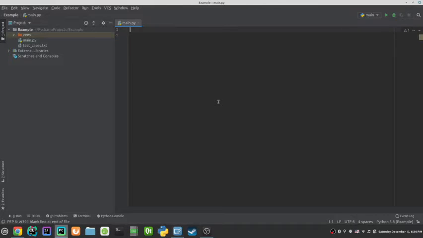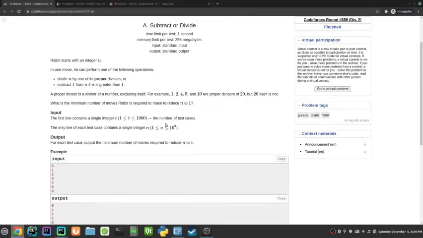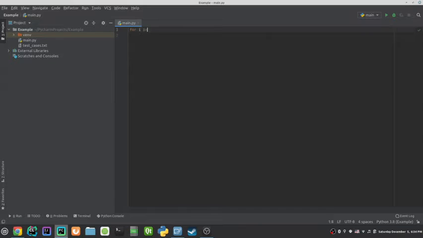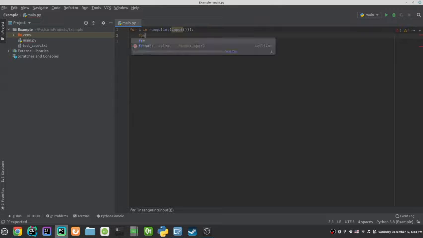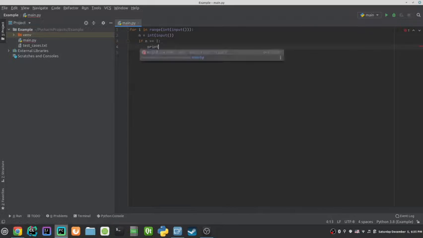So let's solve the problem now. They give us a bunch of test cases, so we need to loop over them. For an input, if n is 1, we're going to print 0.